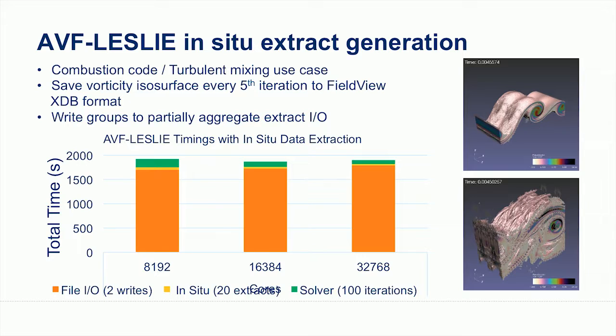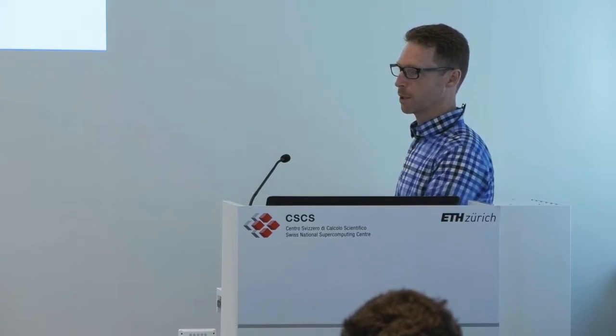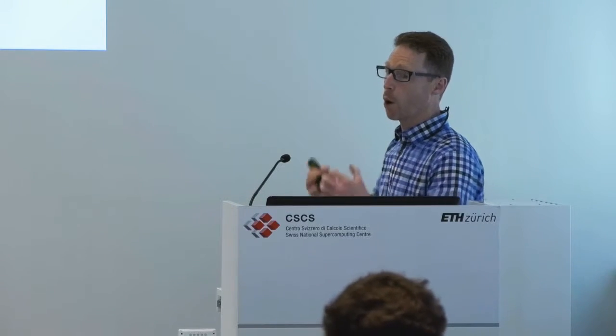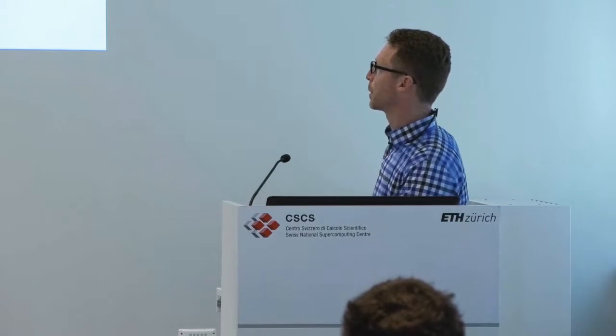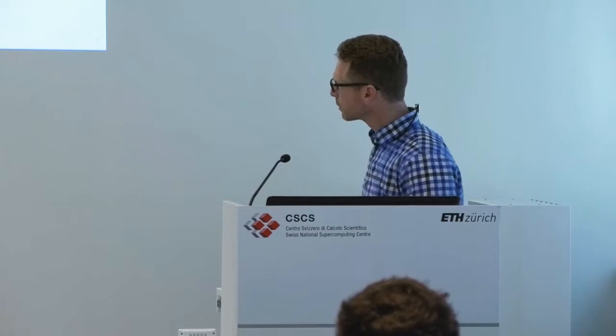So let's look at these charts that he's done. These are benchmarks that he's run. While he's running this, he's doing in situ, he's computing the solutions, right? And he's also dumping the whole solution. So he's doing everything. He's doing the old way of dumping out the whole solution. He's doing the extracts while he computes. On the x-axis, we've got the number of cores that he was running at, and the y-axis is the time.